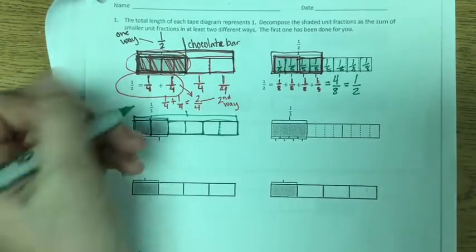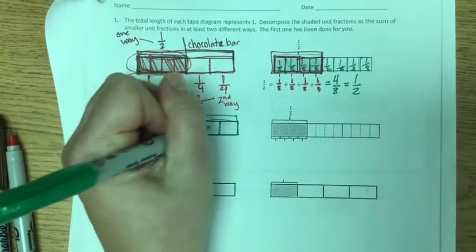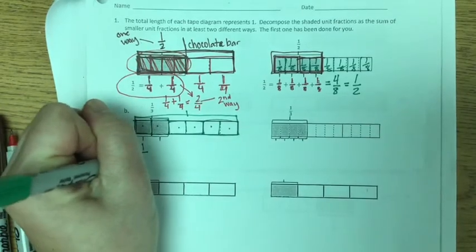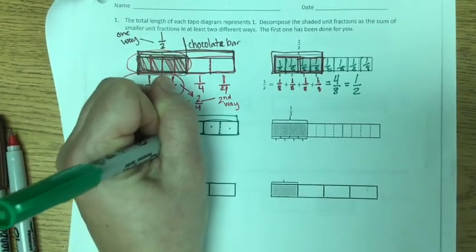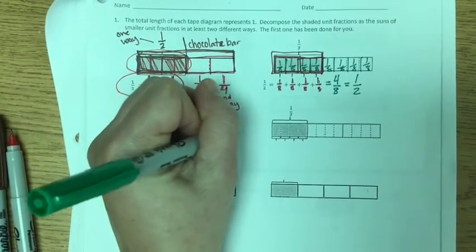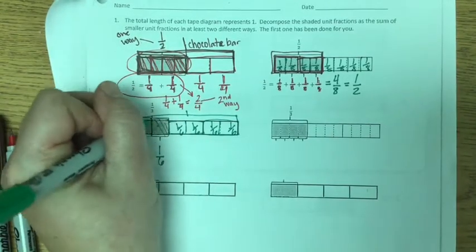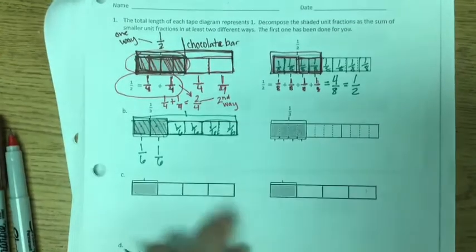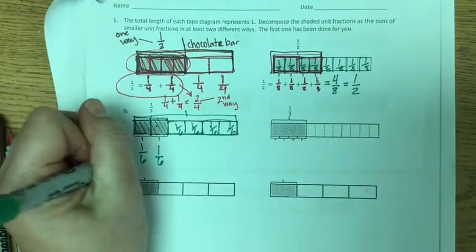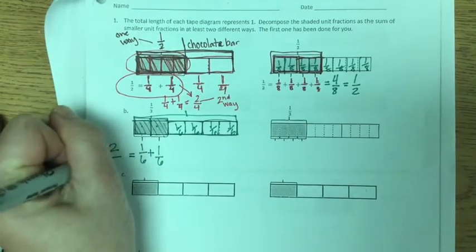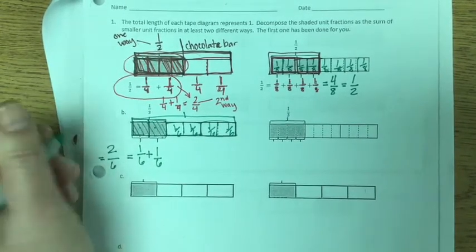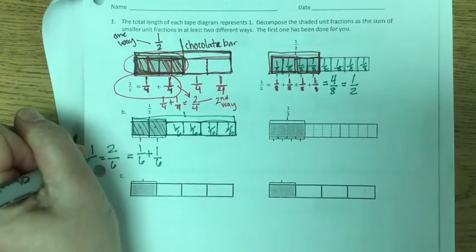So let's see, how many do I have now? 1, 2, 3, 4, 5, 6. So now this is 1/6, 1/6, 1/6, 1/6, 1/6, 1/6. But this is all that I have. So 1/3 is also the same as 2/6. Or I could also say this is still 1/3.